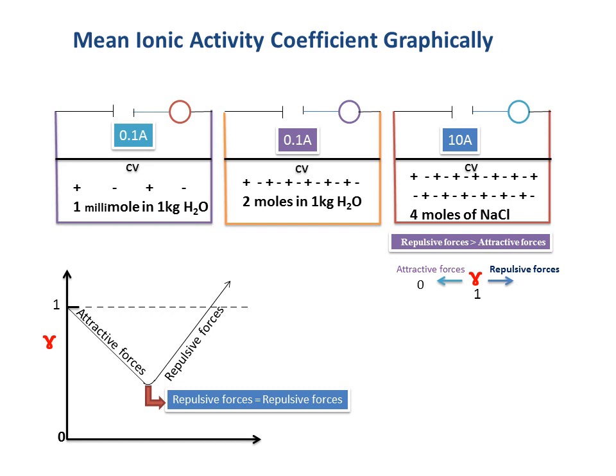So, in our slide number 4, we are discussing mean ionic activity coefficient by the graphical method. We have 3 beakers. In the first beaker, we have a concentration of a salt, 1 millimole in 1 kg H2O, means water, and we have 2 moles in 1 kg H2O in the second beaker, and we have 4 moles of NaCl.